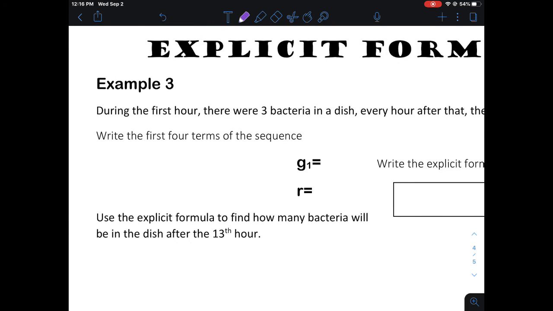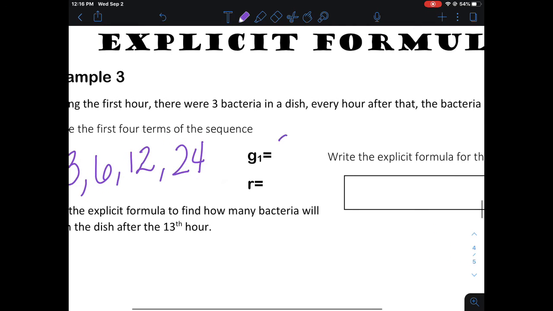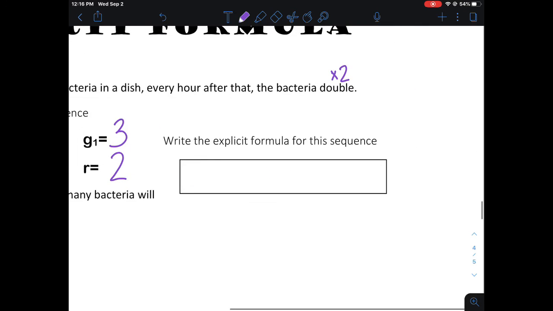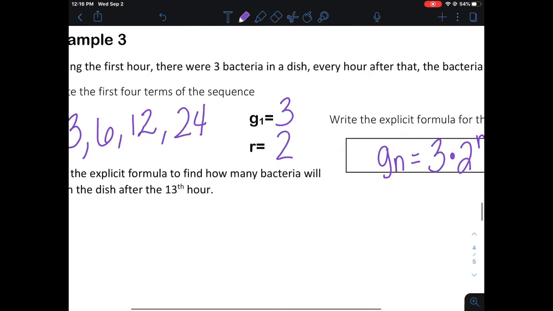First hour, there were 3 bacteria. Second hour, there were 6. Third hour, there were 12. Fourth hour, there's 24. Doubles each hour. First term was 3. Common ratio was 2 for doubling. So that means my explicit formula is G sub n equals 3 times 2 to the power n minus 1.